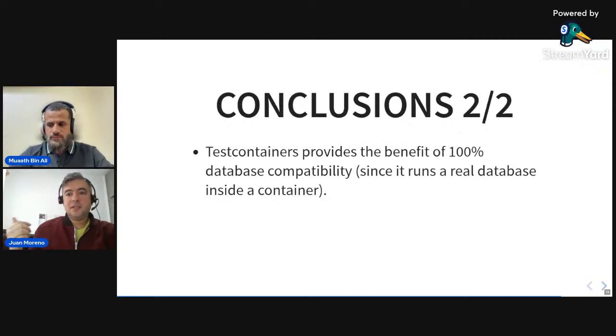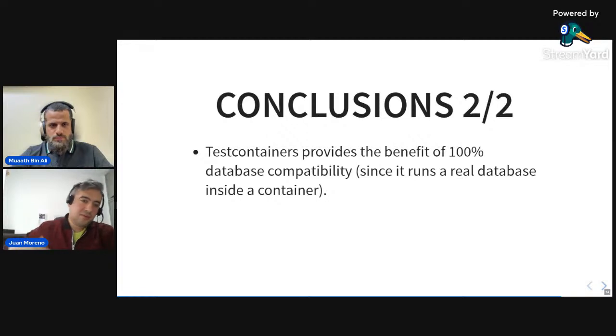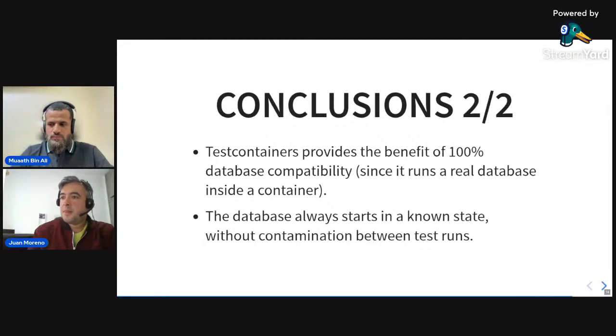As you saw in the demo, we can also specify the tag version of the database we want to use, and the same for Kafka, the same for MariaDB, the same for all the containers. So you can have good confidence that with the real resource, it will behave as expected.